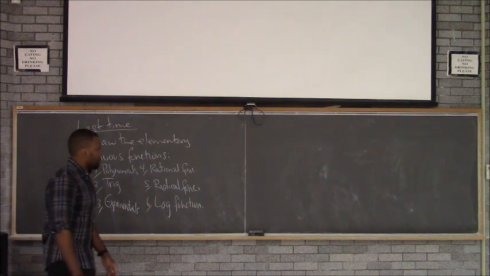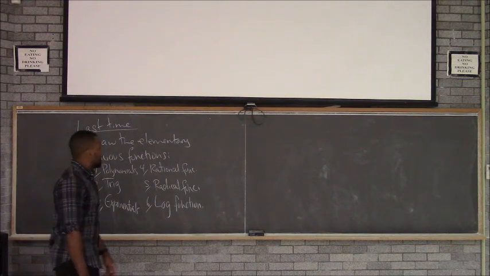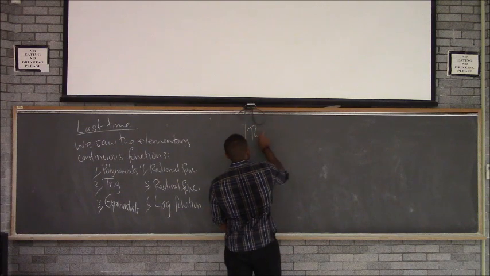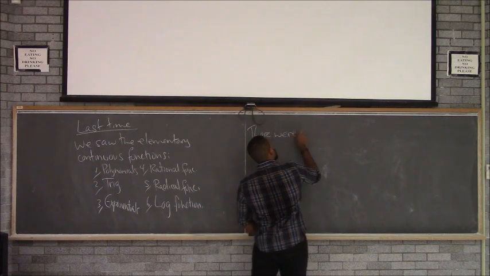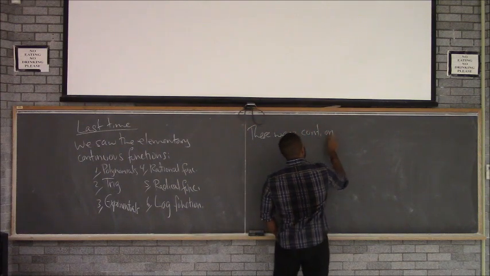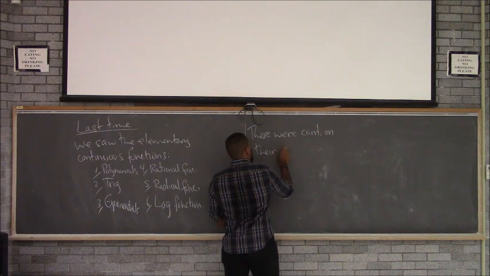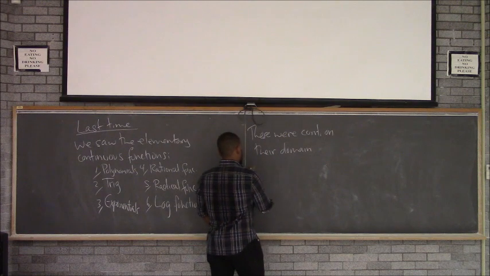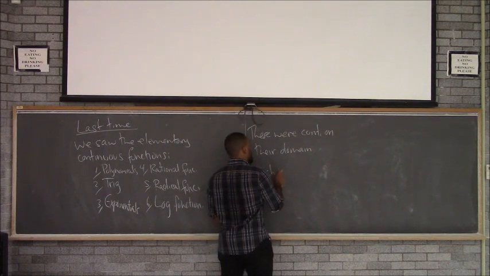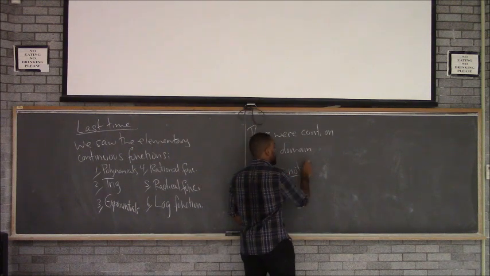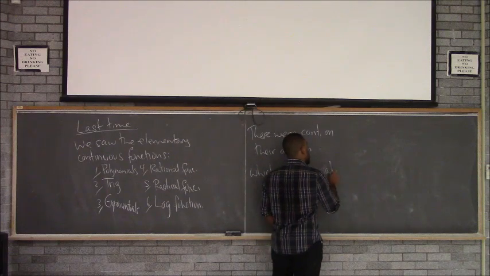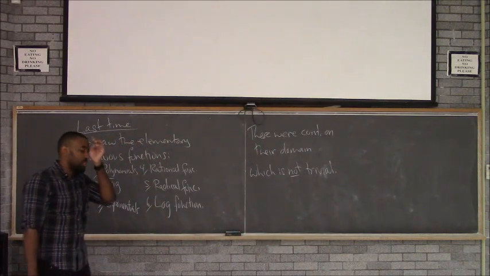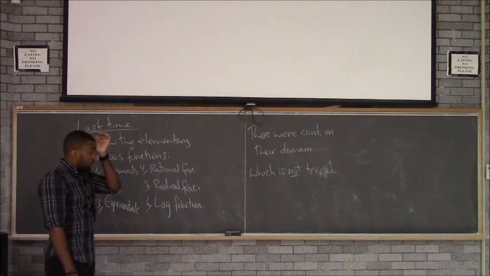And we said these were continuous on their domain. And we also point out this is not a trivial thing. I know the plug-in rule might give you the impression that, as long as you can plug in something, it's continuous, right? If it's defined, it has to be continuous.